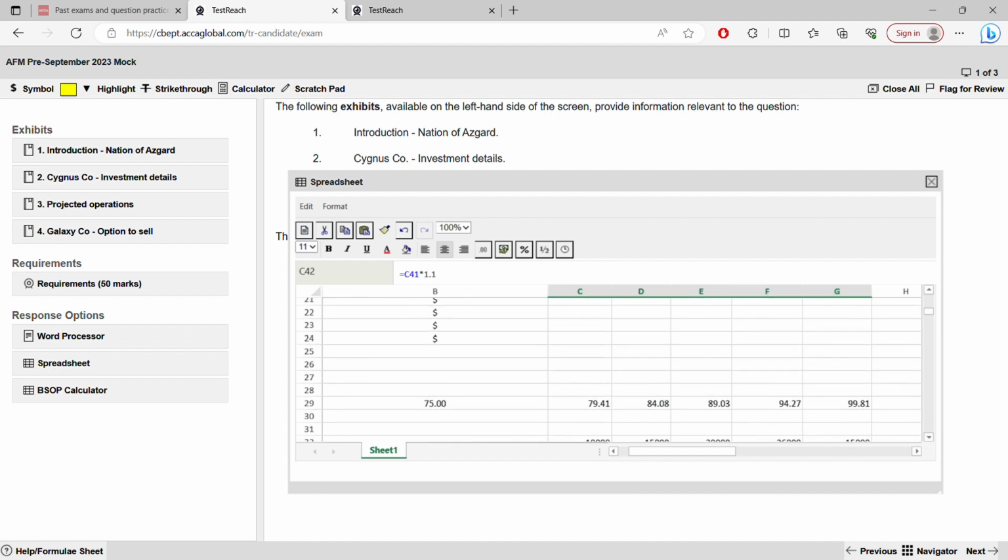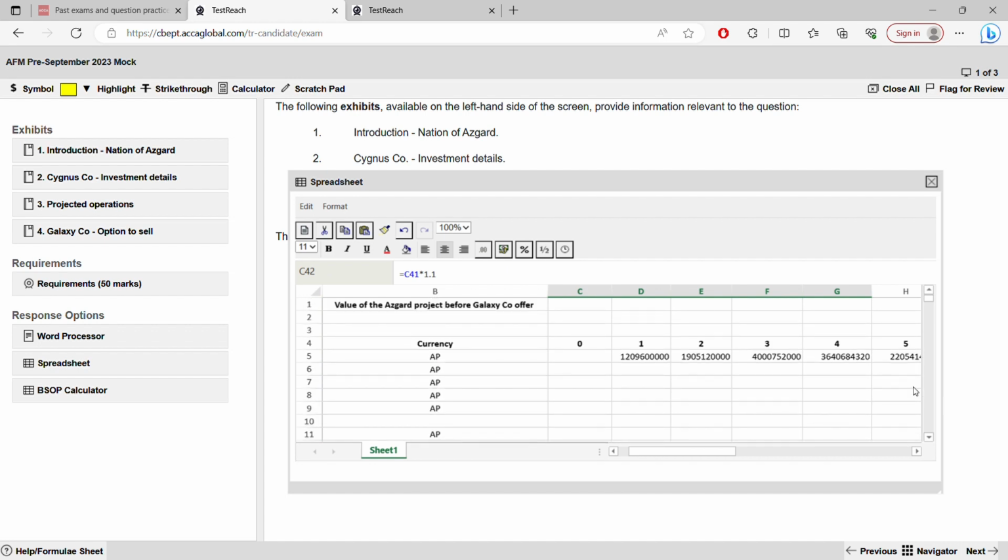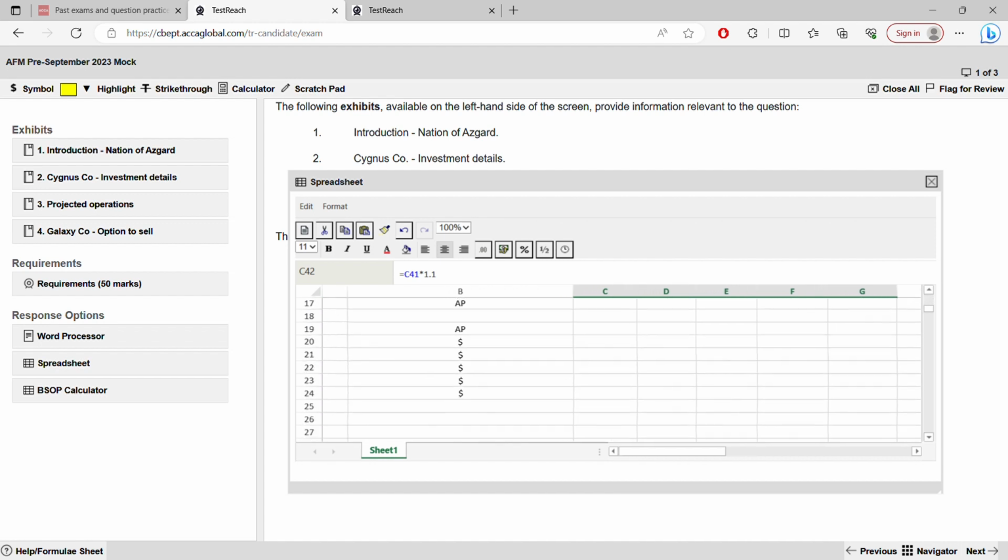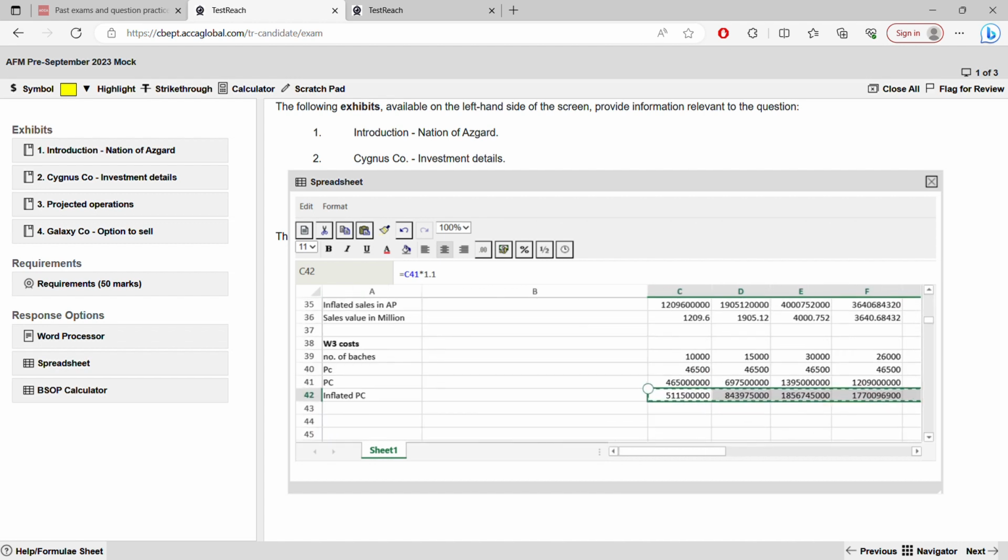Copy. When you copy paste here, remember these answers are positive. You have to deduct them. So how are you going to do this? Better to change these figures from here itself.